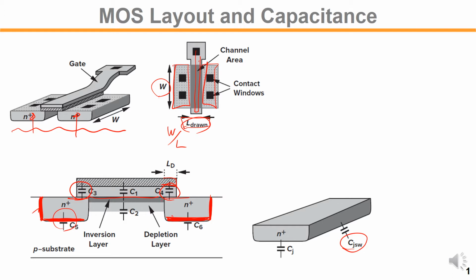On the channel side, we don't count the junction capacitance. Most of the junction capacitance comes from the bottom and the sidewall. And definitely we have a gate and channel capacitance, and also channel to the body parasitic capacitance.